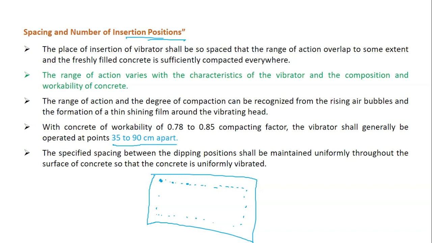If you put it at position A, you can go to position B, which is 35 to 90 centimeter away from the first one, when the compaction factor is 0.78 to 0.85. This compaction factor is also a measure of workability. The compaction factor test is a test that helps us to determine the workability.